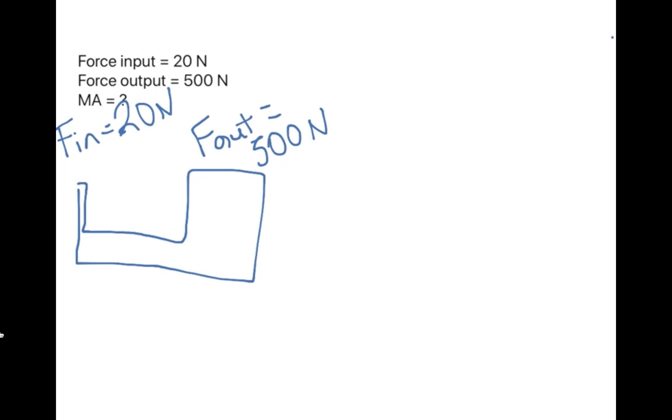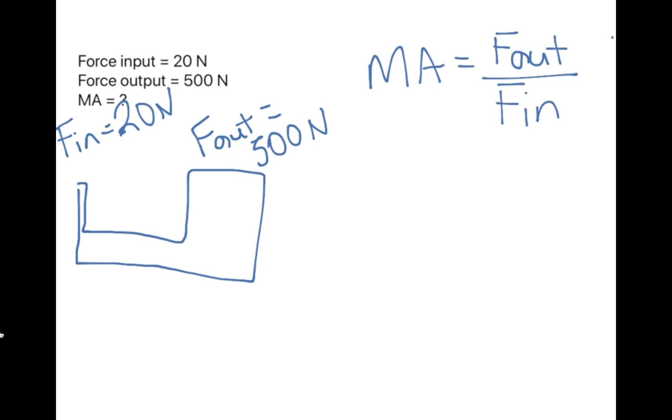This one is mechanical advantage. So mechanical advantage is force out over force in. So it is my output, 500 newtons, divided by my input, 20 newtons.